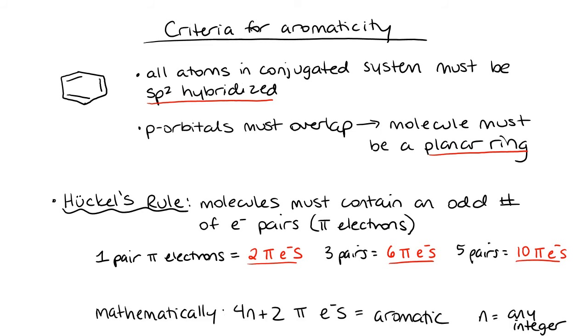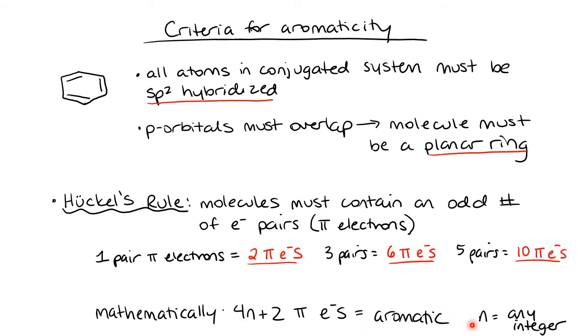Now mathematically, this number comes out to 4n plus 2 pi electrons, means that the molecule has the potential of being aromatic, where n can equal any integer. So what this mathematical formula is doing is it means that you can consider every possible aromatic compound to ever exist.